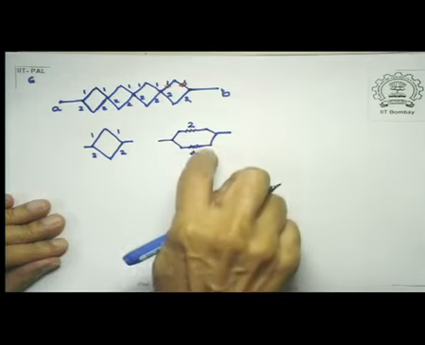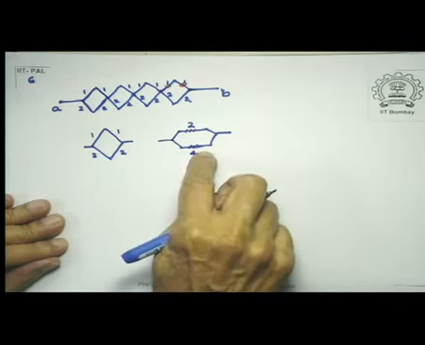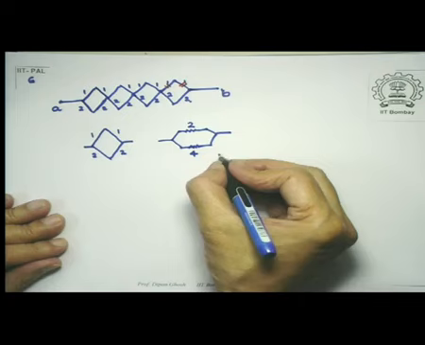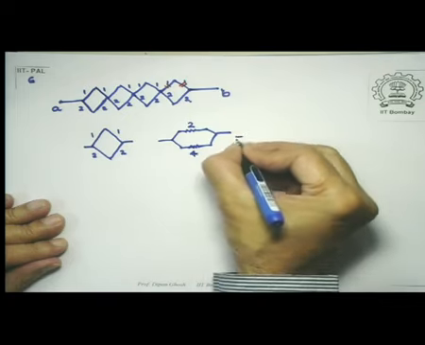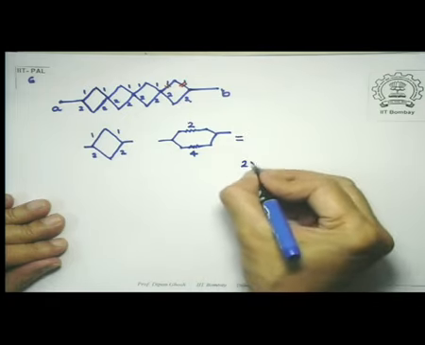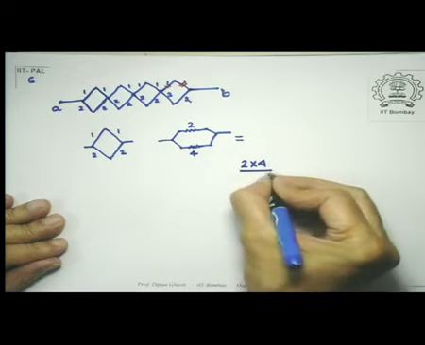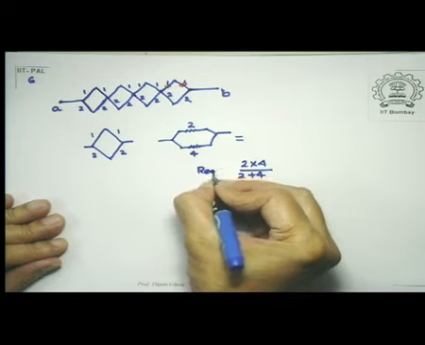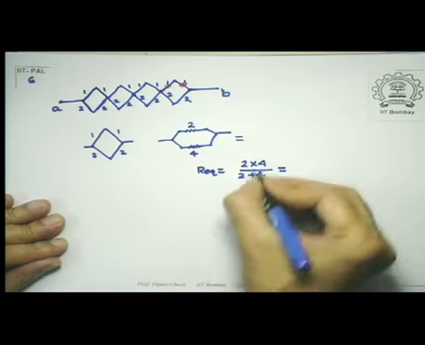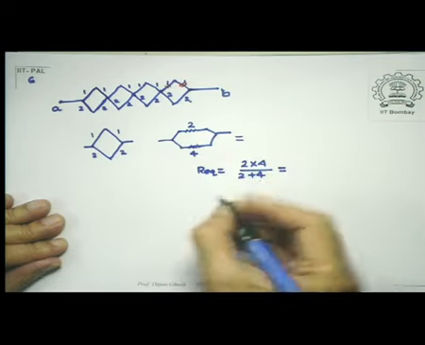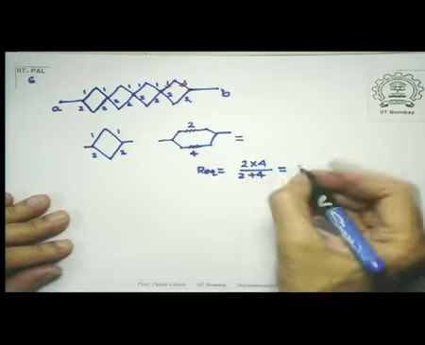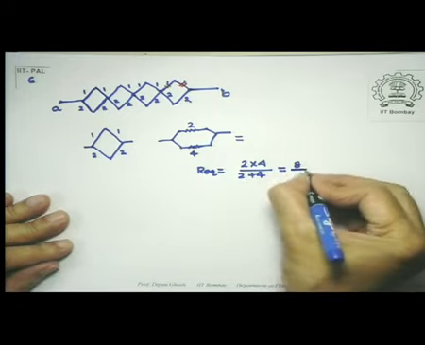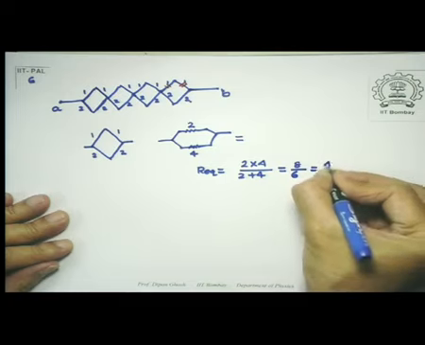Since 2 ohms is in parallel with 4 ohms, I get the equivalent resistance equal to 2 into 4 divided by 2 plus 4. So that is equal to 8 by 6, which is equal to 4 by 3 ohms.